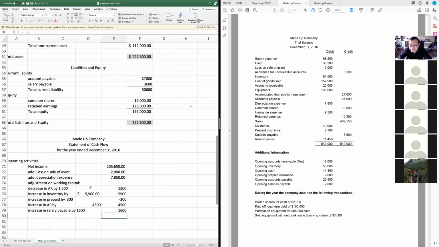So the idea is when you increase liability, you are saving the cash. So it can be accounts payable or salary payable. If you increase that liability, you are saving your cash. That's why these two numbers are positive.